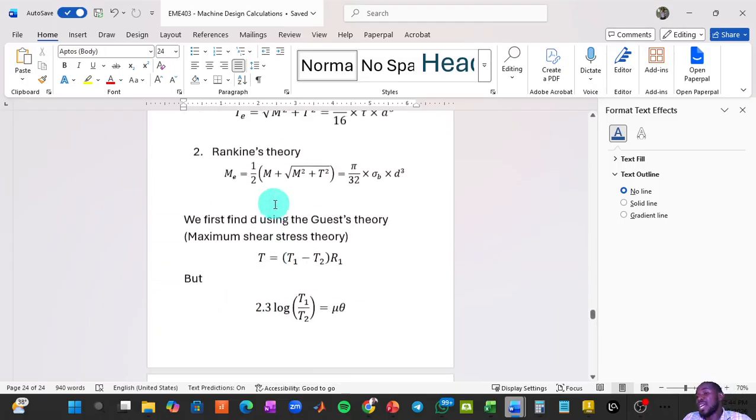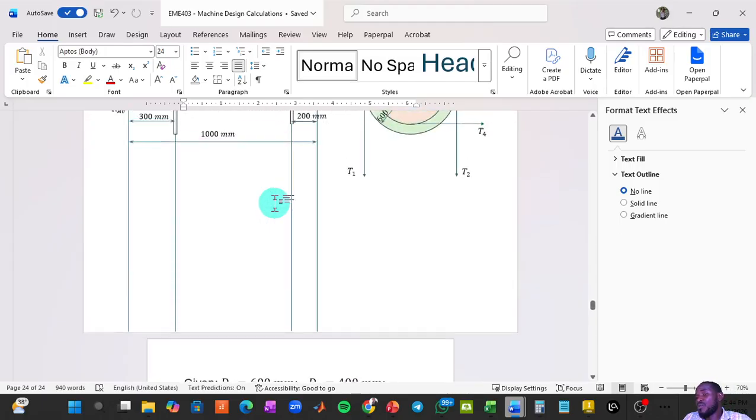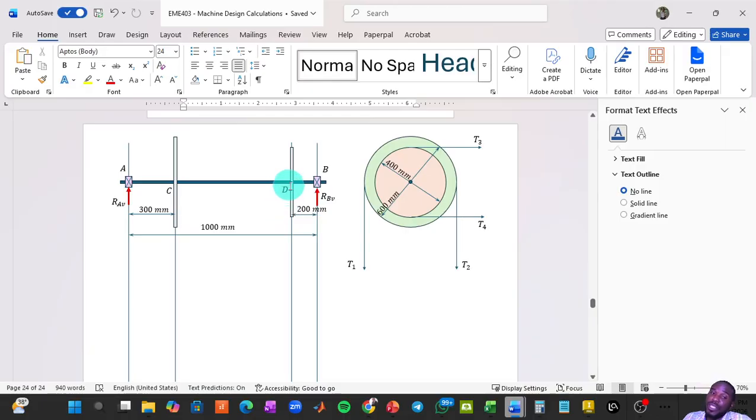So the diameter of the shaft we're calculating is for point D, because that's where the maximum bending moment acts. If we use that same diameter or more anywhere on this shaft, we are certain that it will not fail, because the bending moment elsewhere is lesser. The bending moments at A and B are completely zero, right?